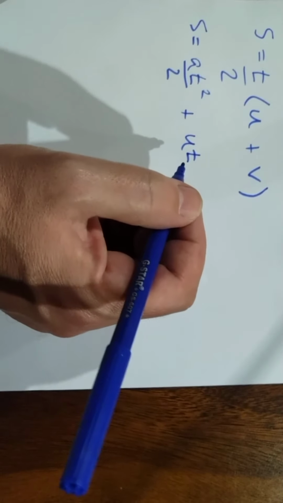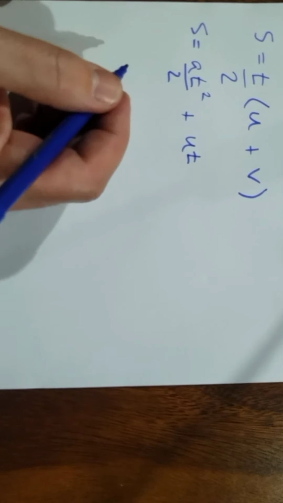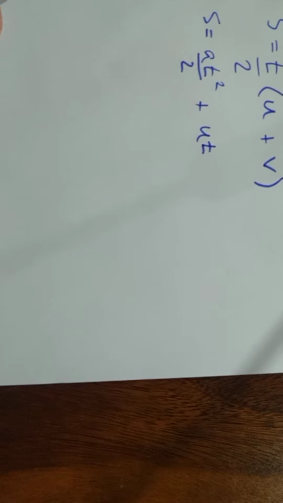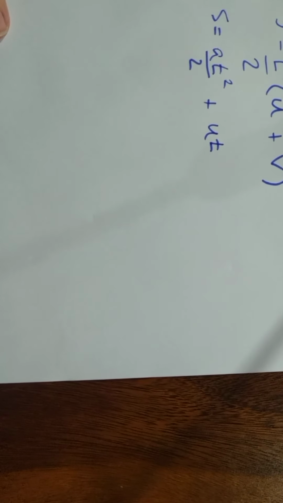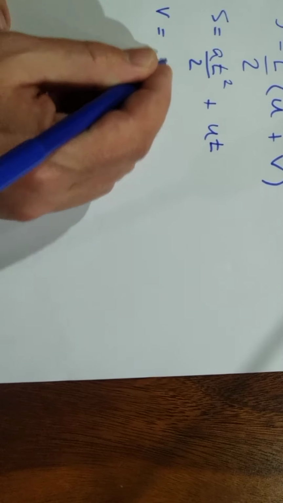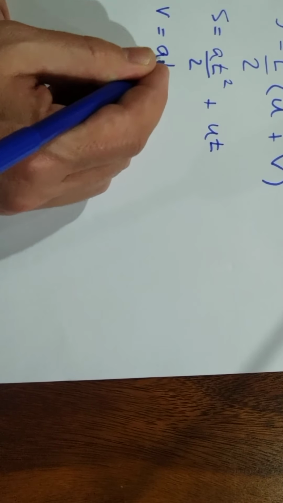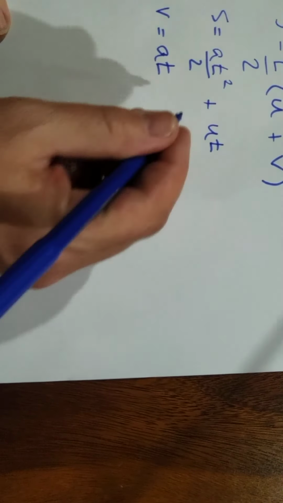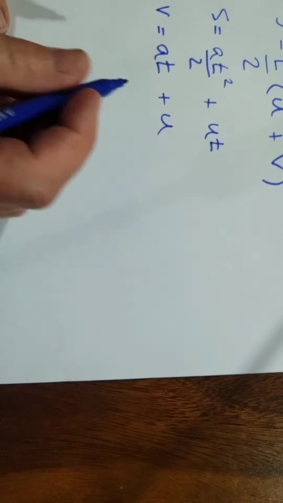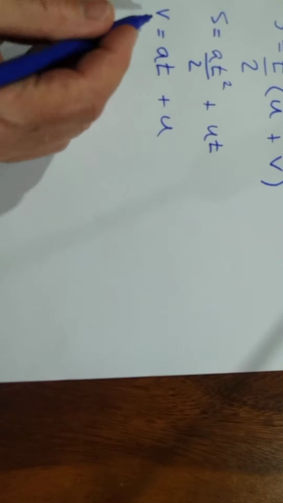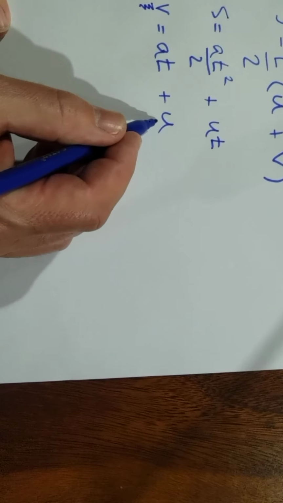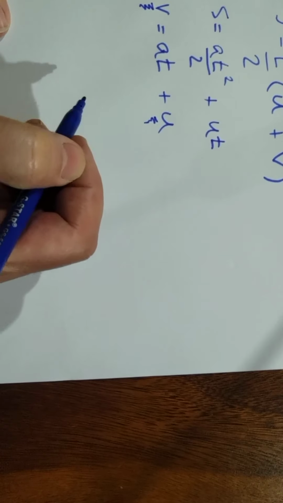And I'm going to derive that for you in the next video. The next one is that velocity is equal to acceleration times time plus initial velocity. Just to be clear, this is velocity after a certain amount of time, and this is your initial velocity.